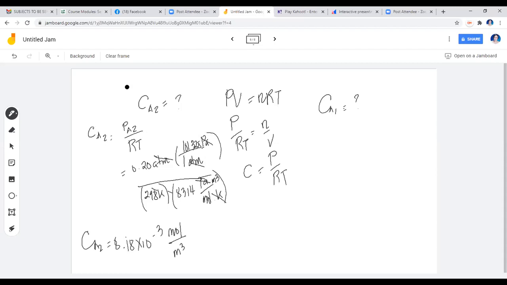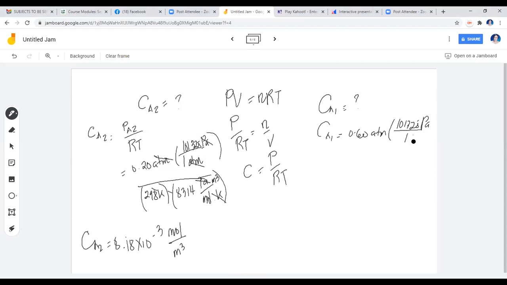The same thing is true for CA1. In CA1, you will need to use the partial pressure at point 1, and that's 0.6 atm. Again, convert this to Pascal for the SI unit.